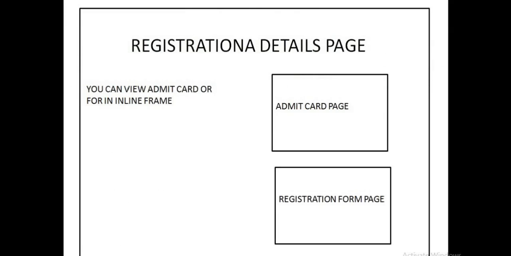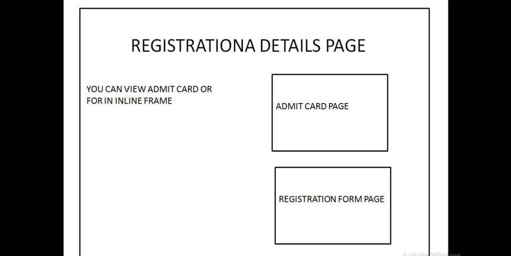So here this is a page that we are going to create with the help of HTML. Here is the registration detail page, and we show some information on the left side. You can view the admit card or the form in an inline frame. So we have two inline frames. In the top inline frame on the right side we will show our admit card web page that we already created in our previous practicals, and in the lower inline frame we show the registration form page.